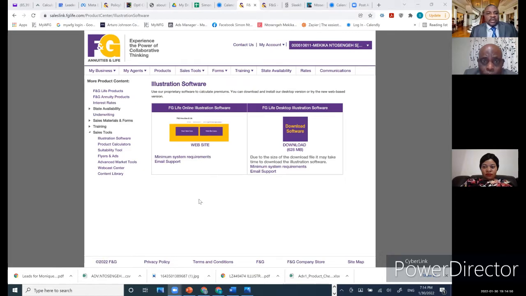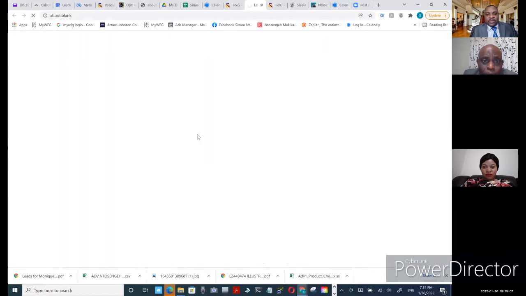When you log into F&G, which I know all of us here do have a login and agent portal, you toggle here and you can find what you want to do. Then we're going to be dealing with sales tools, and we already are in sales tool illustration, and then we click on web-based illustration. It will take some time.